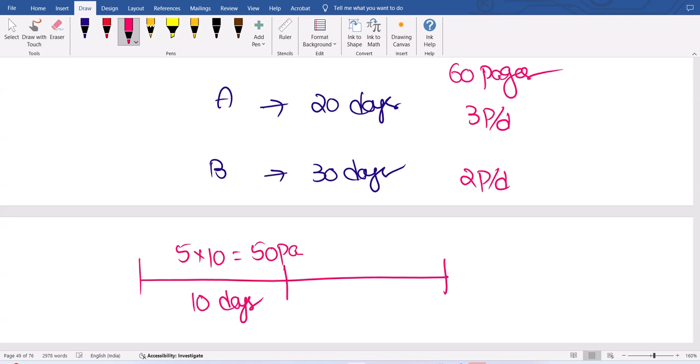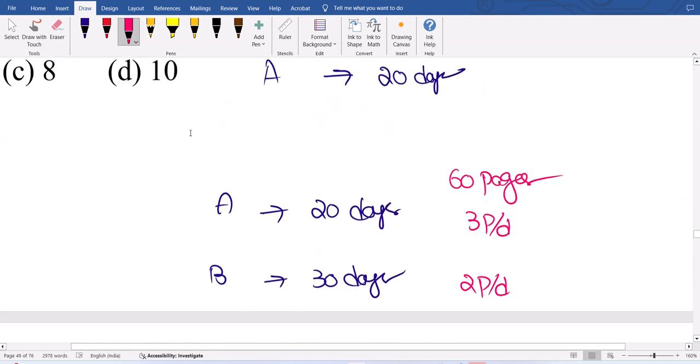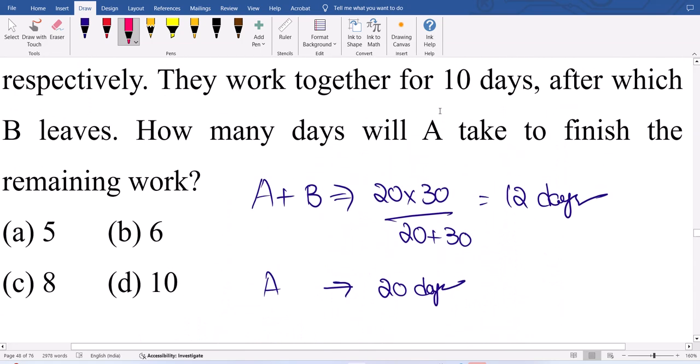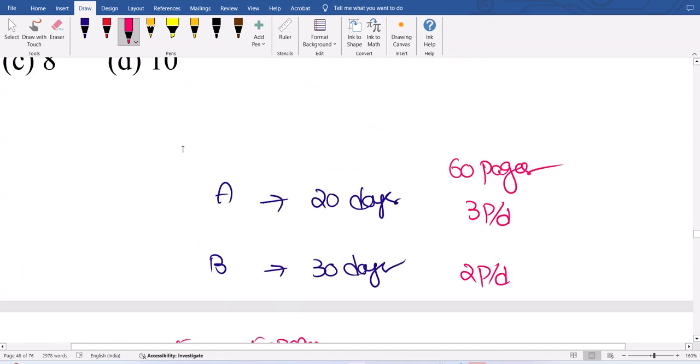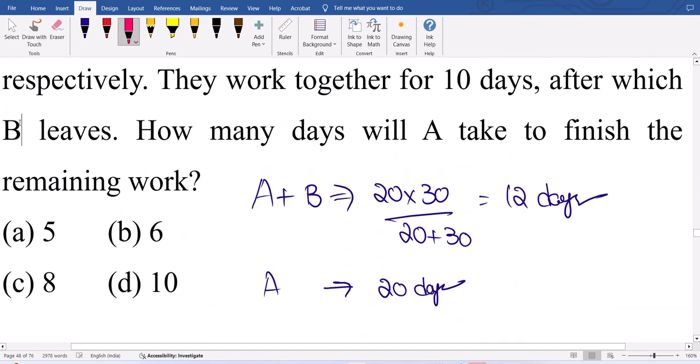Now what is the work to be completed? 10 pages. Who should do that? A. If it is B, then the answer will match somehow. I'll just change it, B leaves. Or else I have to change the question here. A is leaving.